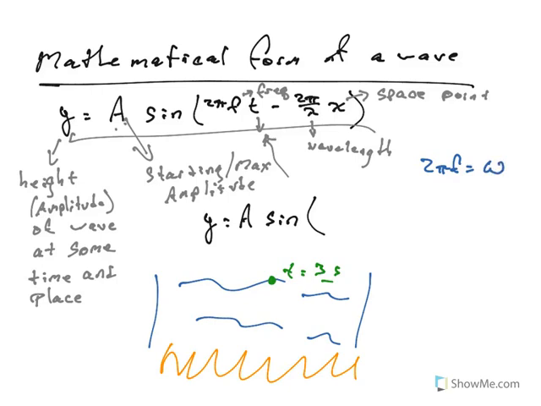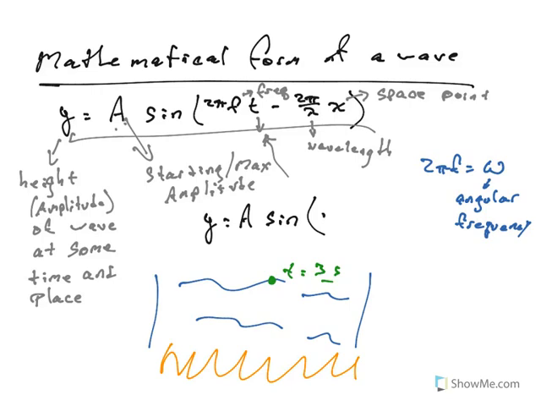And so they call it omega, which is called angular frequency. So the angular frequency is just a linear frequency, the f that we knew from before. You multiply it by 2 pi, and now you call that the angular frequency, omega.